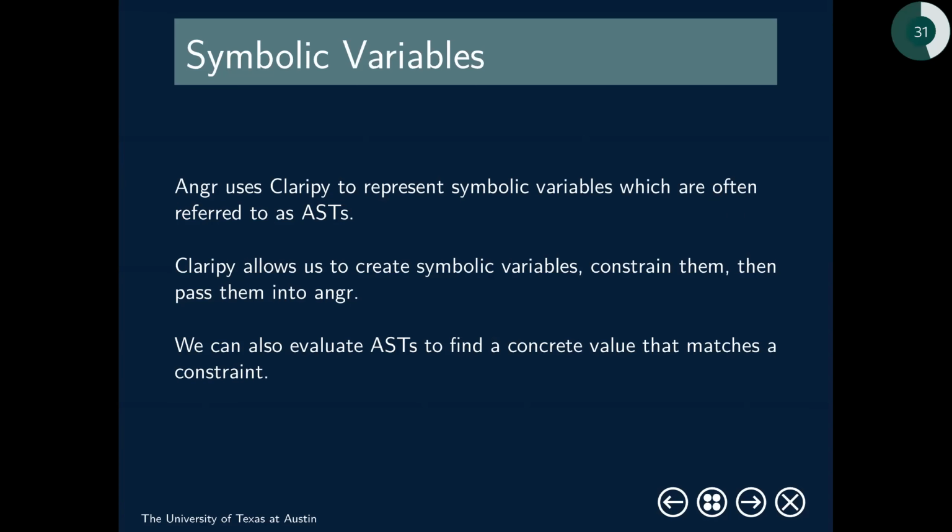Let's say we had a system of equations and we wanted to find a specific input that matches this system of equations, right? We want to find some setting of all of the variables in our system of equations that makes it true.